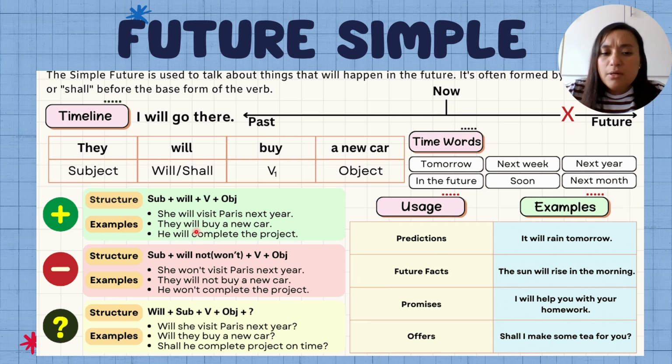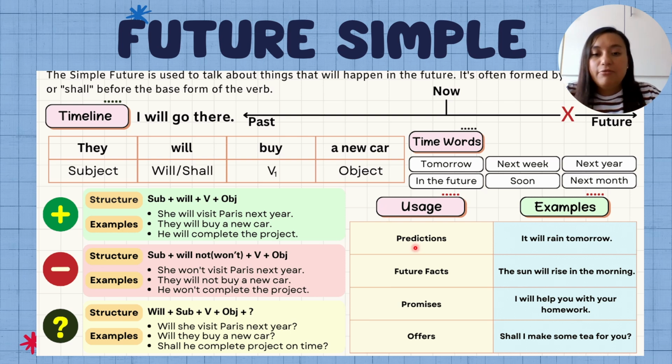And the structure is very easy. In the affirmative form, we use will for all the pronouns. She will visit Paris next year. Here you can see that the verb is not going to change. In negative, we can use won't or will not. And in the question form, we put at the beginning of the question the will, the pronoun, and later the verb in the infinitive form.